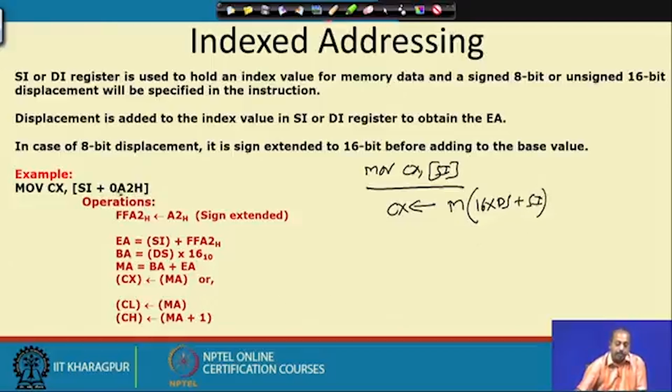And in this example we have some additional displacement specified, so that displacement will be added. It is sign extended. You see this particular number A2.